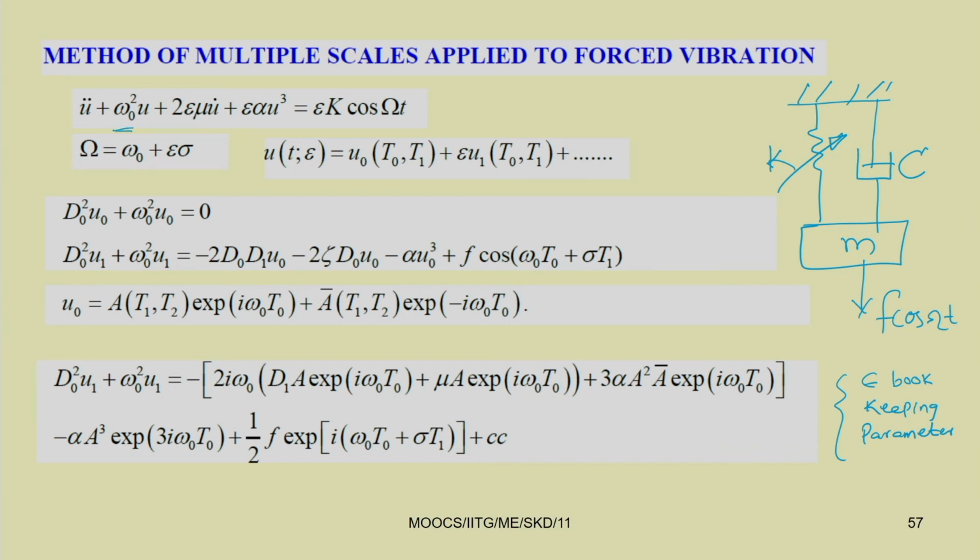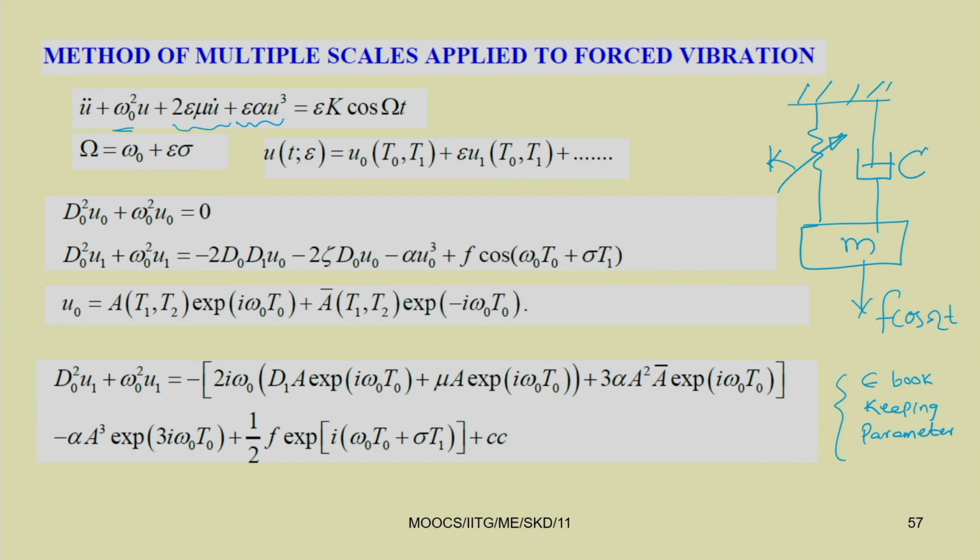So, this is the linear term omega 0 square u. This is the damping term 2 epsilon mu u dot. Here damping is one order less than the linear term, that is why we are using epsilon here. Similarly, we assume the nonlinearity one order less than the linear one, so we use one epsilon here.